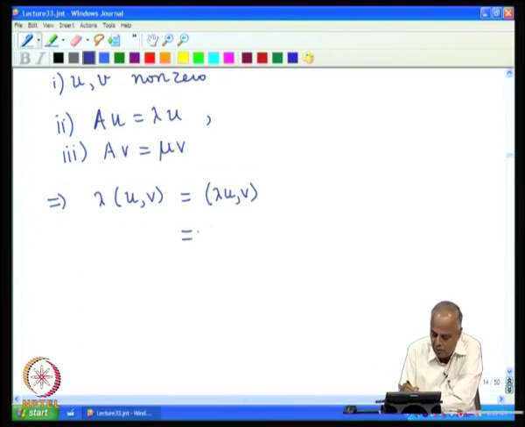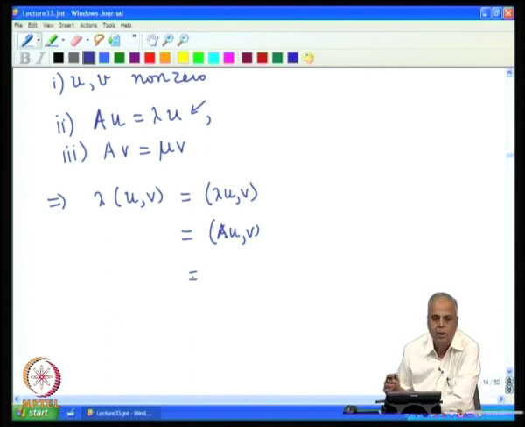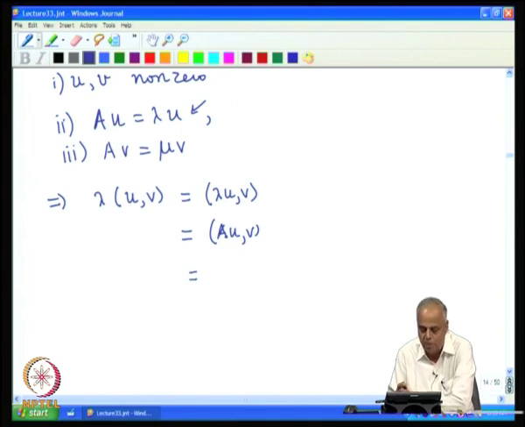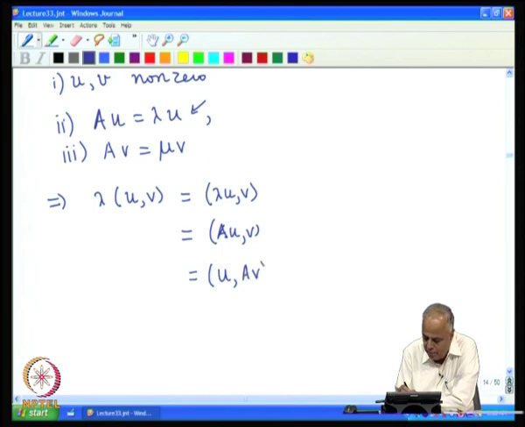Now, lambda u is A u, and we know that for a Hermitian matrix (Ax, y) is (y, Ax), the first fundamental property of Hermitian matrices. So, this is (u, Av) since A is Hermitian.